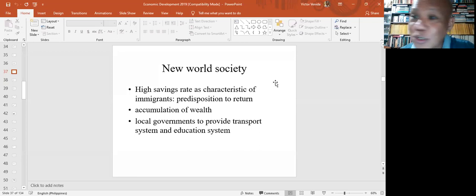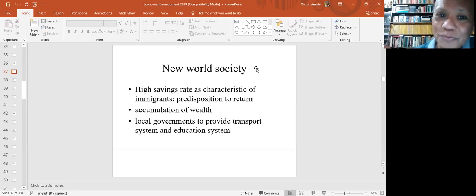So this is a New World Society. A New World Society, being a dominantly immigrant society, has high rates of savings. That's why they can move to the next stage, the stage of preconditions being set, because these societies are able to generate savings that will allow for funds being collected by the local governments to pay for the transport system and the elementary educational system as a starting point.